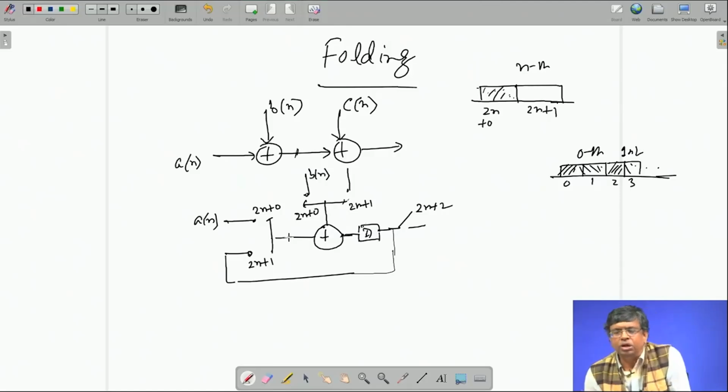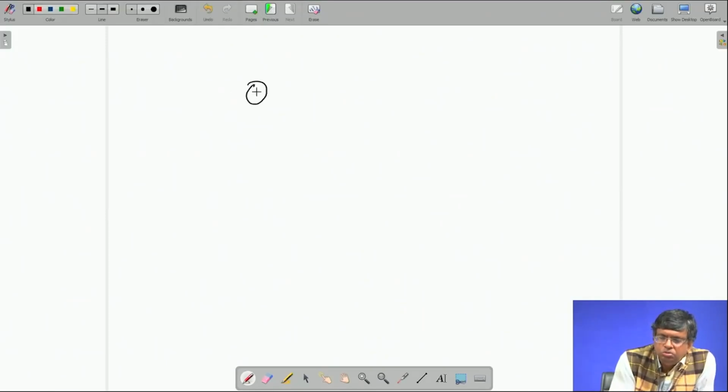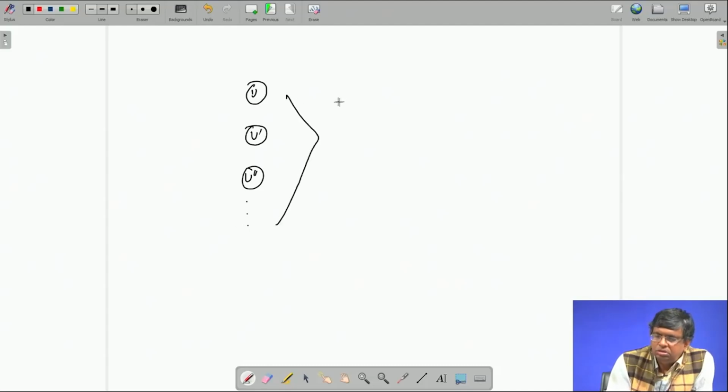Let us now try to generalize this to a DFG. Suppose in a DFG, there are various nodes, u, maybe u prime, maybe u double prime, dot dot dot. They are all of the same type of hardware.